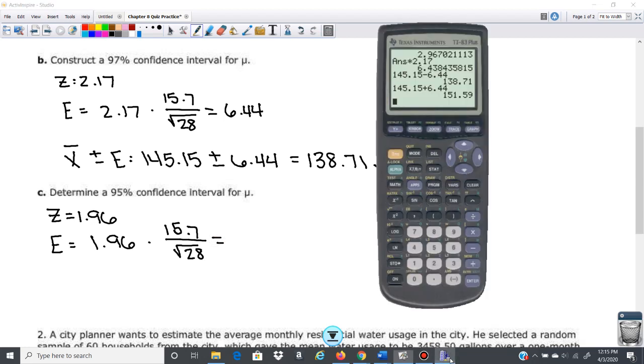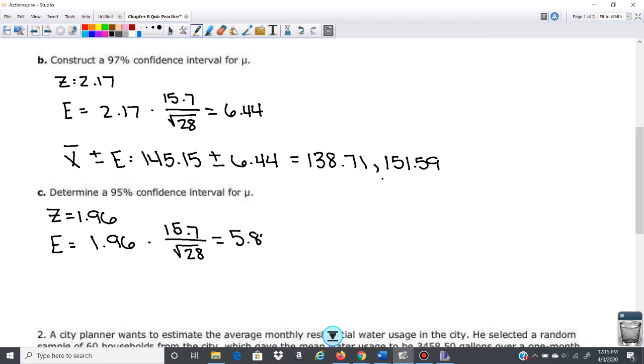So let's see what that is. 1.96 times 15.7 divided by the square root of 28 is 5.82. Notice as the confidence level gets smaller, so does our margin of error.